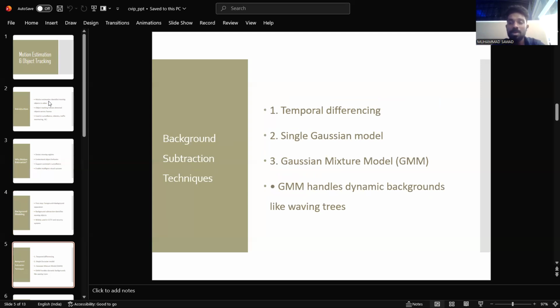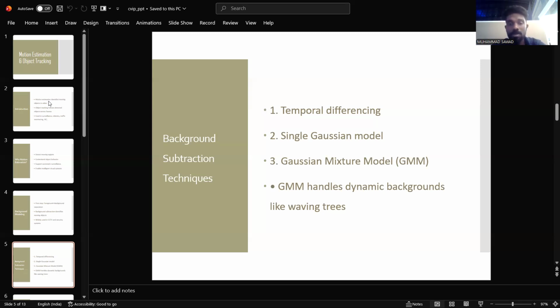This compares consecutive frames to detect changes. It works well for fast moving objects but can struggle with slow or stationary ones. That's about temporal differencing. Now, for the second one, the single Gaussian model, each pixel is modeled statistically, but it cannot handle variation very well.